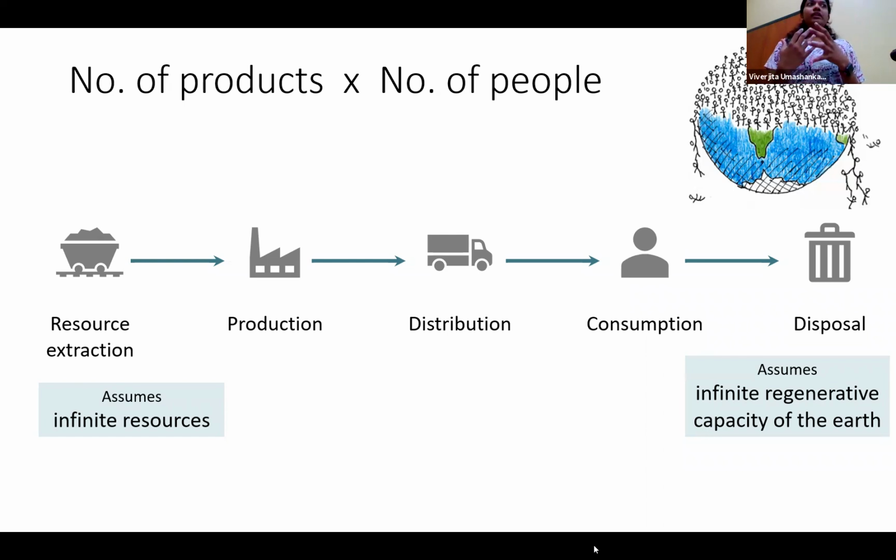Other things are at the individual level, the way we use products. So those two ideas are using products for longer and closing the loops. Using products for longer means buying, purchasing, or receiving goods that are of good quality that you can use for longer.